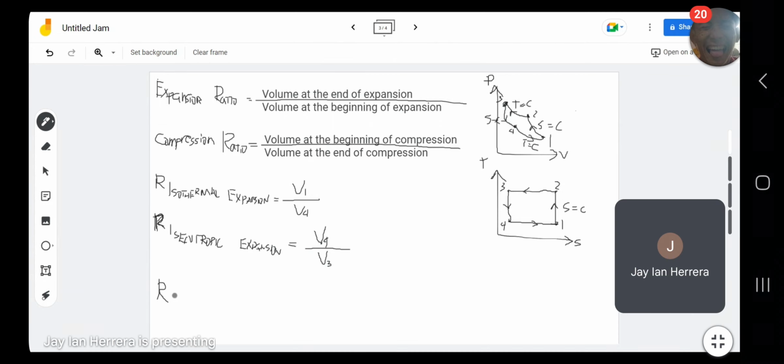So compression ratio. Ngayon natin yung isothermal compression. For isothermal, dito yan. So for compression ratio, that is volume at the beginning of compression, so this is V2, all over the volume at the end of the compression, so V3.